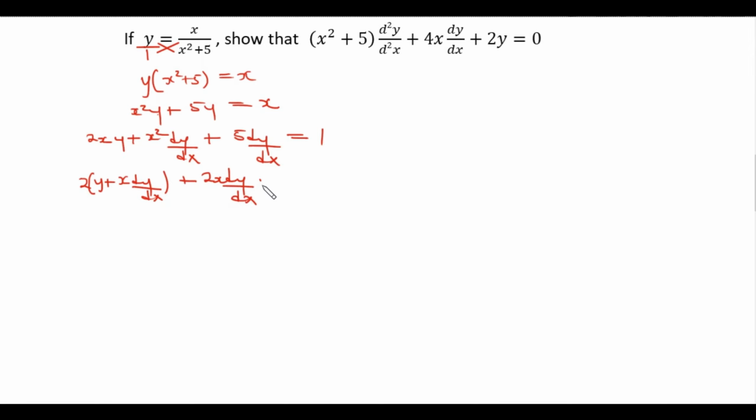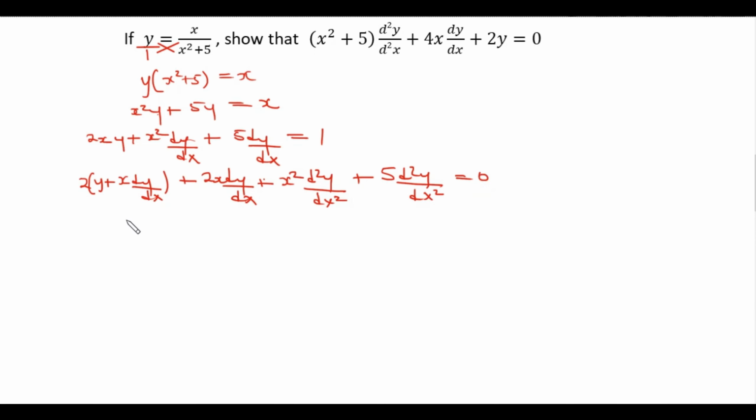plus, now we're going to keep x squared, we are not differentiating x squared again, then we differentiate dy/dx. Re-differentiating this, it becomes d squared y all upon dx squared, plus 5, differentiating this again becomes 5 d squared y all upon dx squared. So 1 becomes 0 now. Differentiating 1 becomes 0.